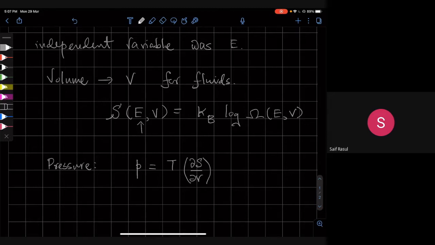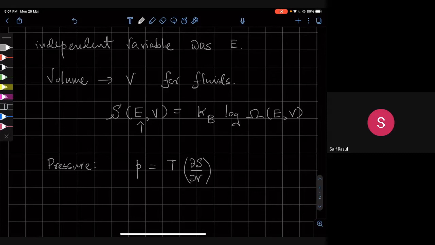Now, something that we have done before is that we have shown that when we bring two systems together where the total energy is constant, we are naturally led to the state where the entropy is maximized, and therefore, we have thermal equilibrium.